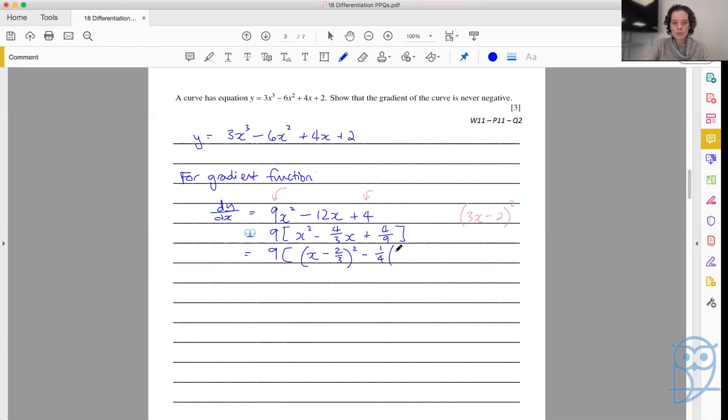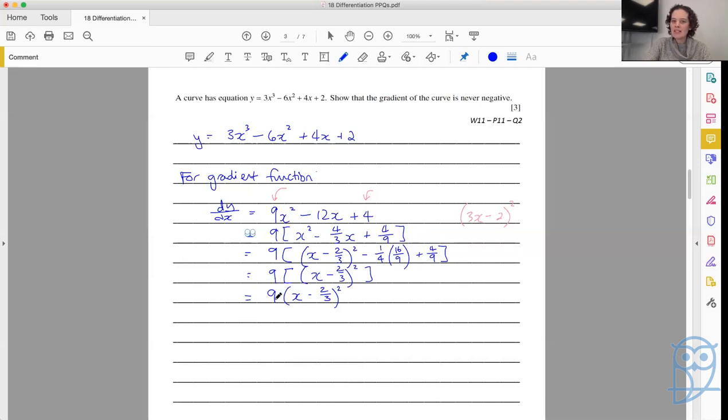Minus a quarter, b squared, 16 over 9, plus c. Okay, exactly how we've always done it, equals 9 times x minus 2/3, all squared, and when we combine all of this, it disappears, because we have minus 4 over 9 plus 4 over 9, which actually just gives us 9 times x minus 2/3 squared.